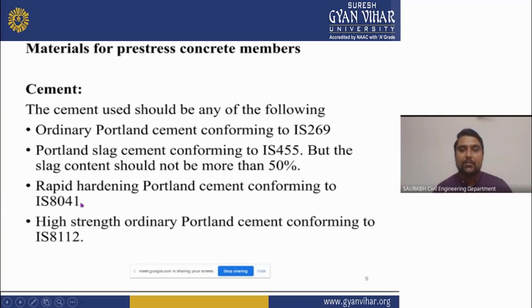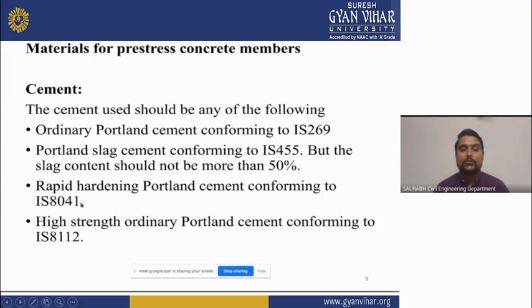Now we will see what kind of material we use for pre-stressed concrete. First, we are using cement. The cement used should be any of the following. You can use ordinary Portland cement conforming to IS 269.